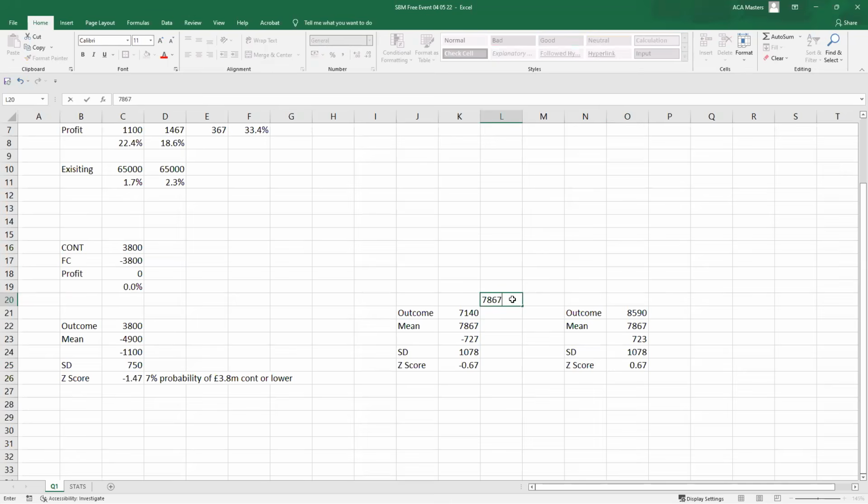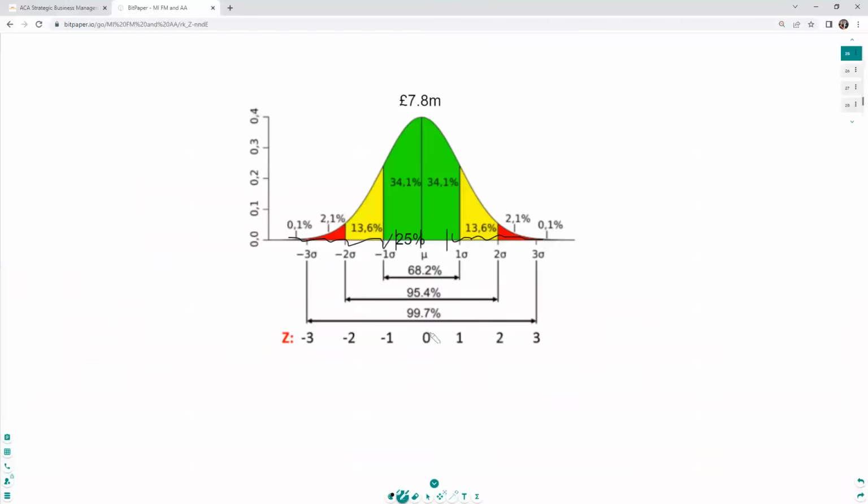So 7867, we know there's a 25% probability it'd be between here and here, and a 25% probability between here and here, and therefore a 50% probability between the two, as we've said there. So hopefully that's clear, and therefore you can see that it does follow normal distribution.